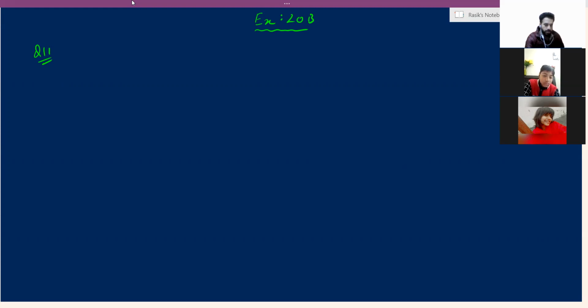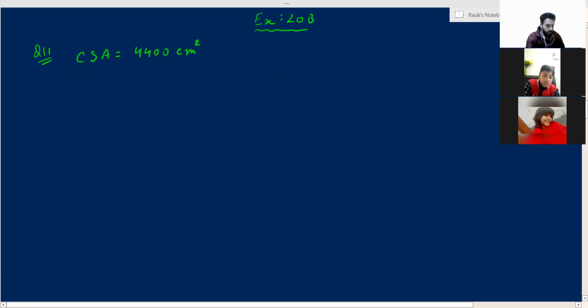Find the volume of the cylinder. CSA is given 4400 centimeter square and the circumference of the base is given 110 centimeters. Okay. We have to find the volume.